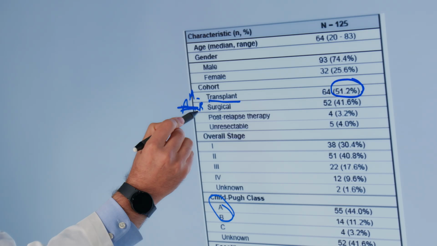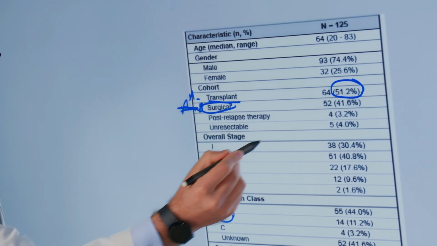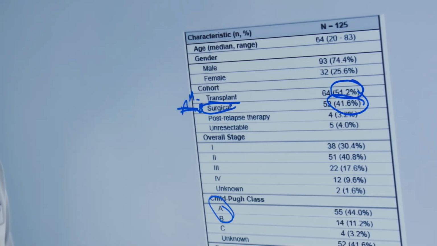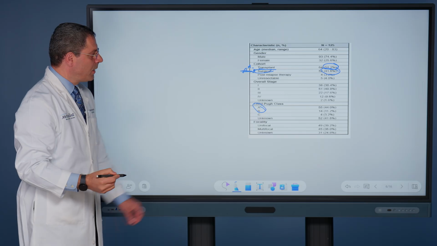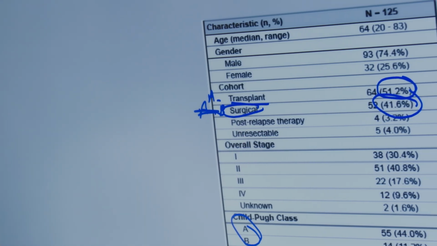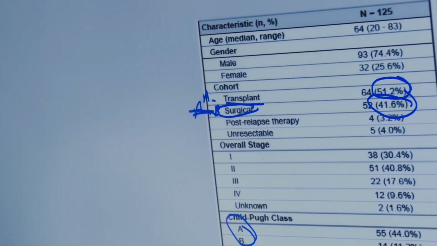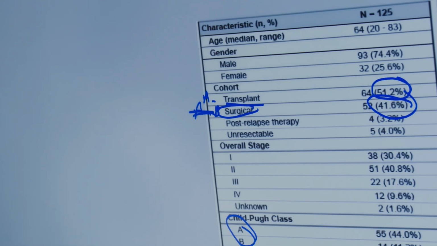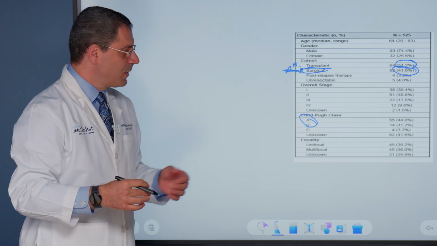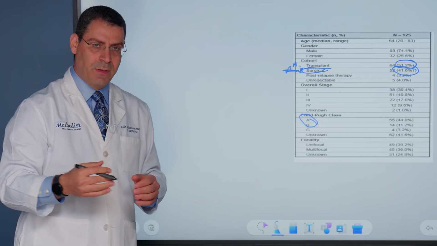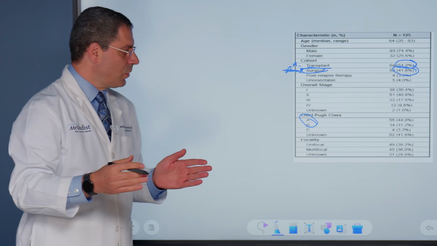Cohort B is a surgical patient population, making around 41% of the patients. And another cohort, which is a small cohort, is a mixed bag between patients who have both relapse and those who are unresectable, but they got ctDNA during their journey.